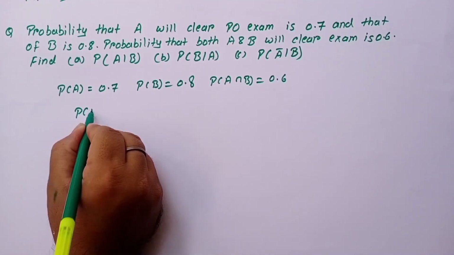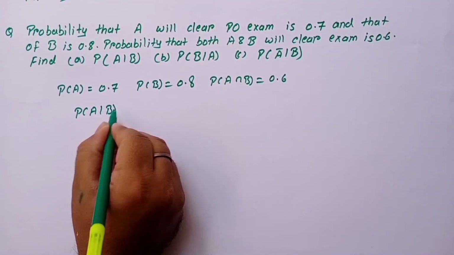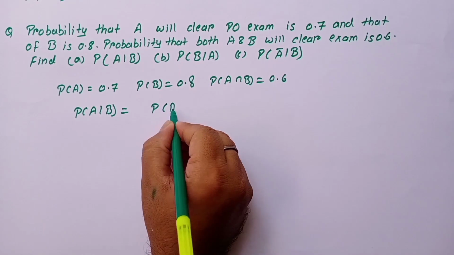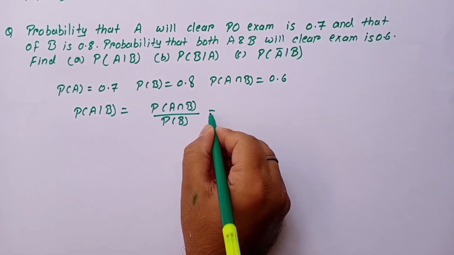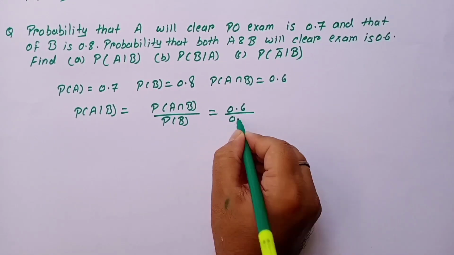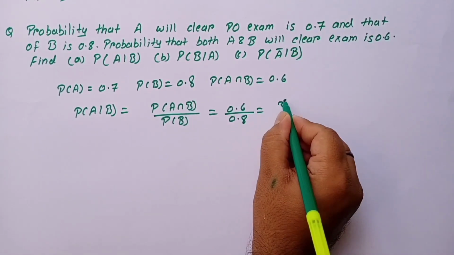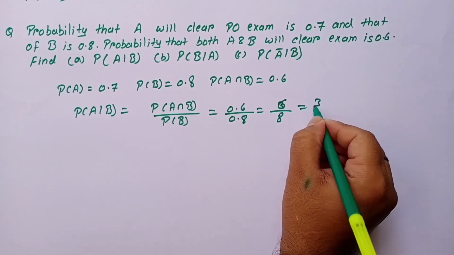Now the probability of A under B is the probability of A and B divided by the probability of B, that is 0.6 by 0.8, 6 by 8, that is 3 by 4.